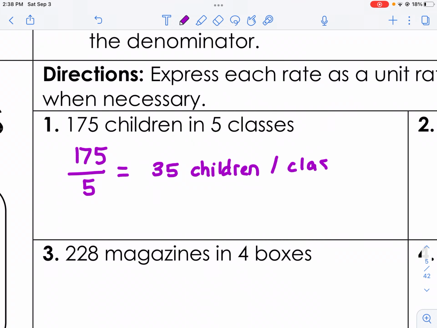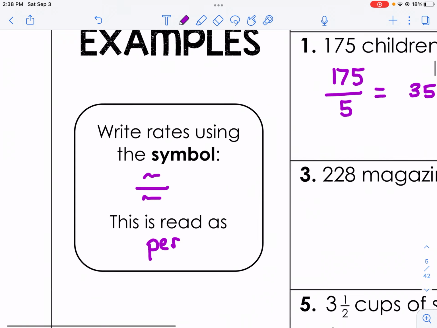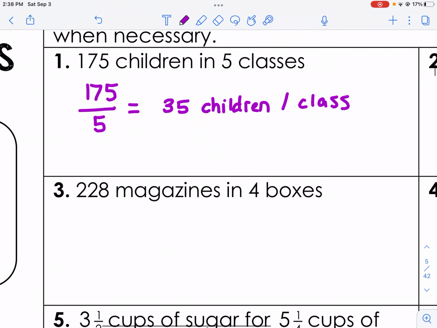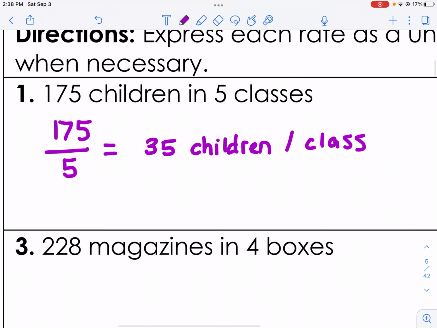And I have to make a correction, actually, I just realized. I'm going to come back to that in a second. What we're actually doing is using the slash symbol to indicate per. I misread my guided notes, and I apologize. So if we have 175 children in 5 classes, we write it as a fraction, and then we just divide the top by the bottom, and that's 35 children per class.